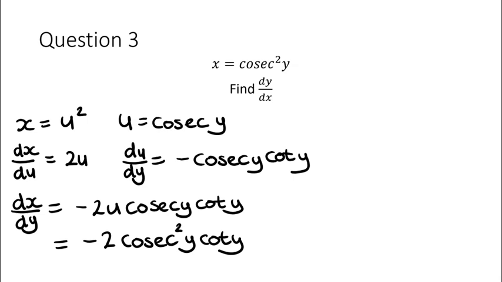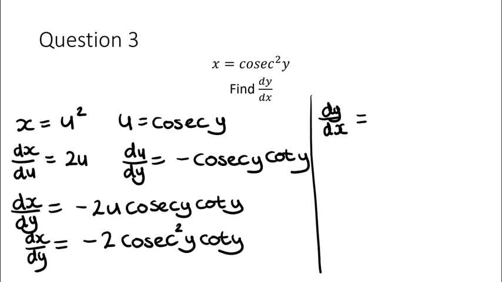So I get this result here. But this isn't dy by dx. This is dx by dy. So dy by dx will just be the reciprocal of this. So it will just be 1 over all of this.